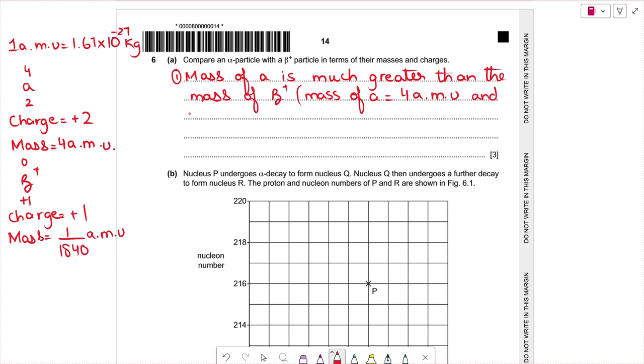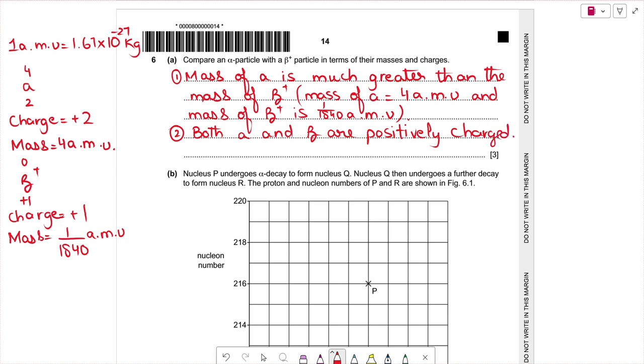And mass of beta positive is 1 by 1840 atomic mass unit. Now in the second, we have to compare the charges as well. Both alpha and beta particles are positively charged.